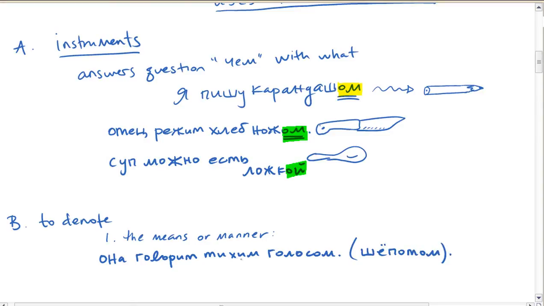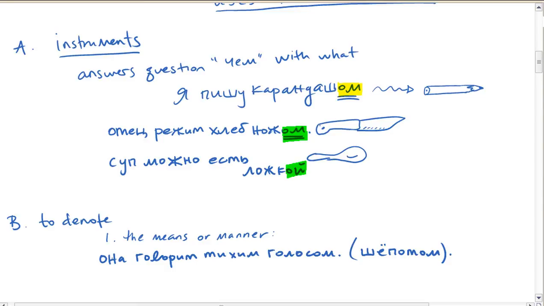So she speaks in a soft voice or in a whisper. So in English we would say with a soft voice maybe, or with a whisper, something was said. So when you hear the word with in English, you should think instrumental case. Not always going to be the case, but it's often.